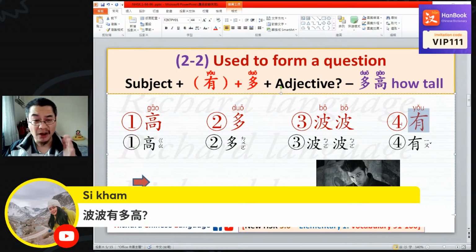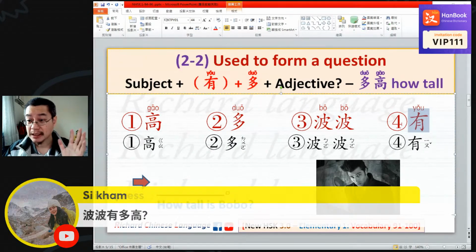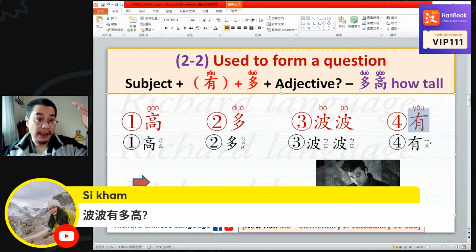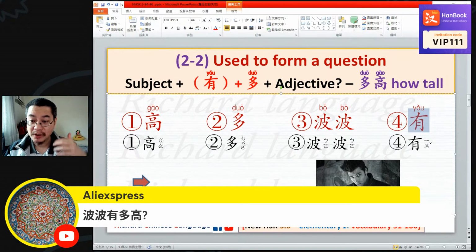Oh, 波波有多高 多高 means how tall. So it means how tall is Bobo. Okay, you can add 有 Okay, you can also say 波波多高 is also correct. Good. 波波有多高 which means how tall is Bobo.